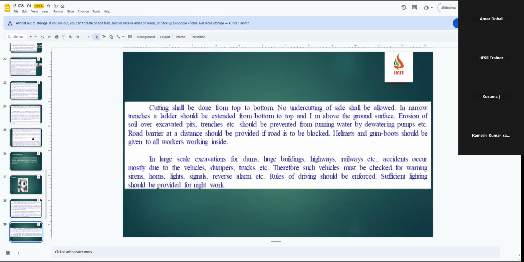So if you talk about any activity, you have to take these four major parts: men, machine, material, and method. My men should be skillful.